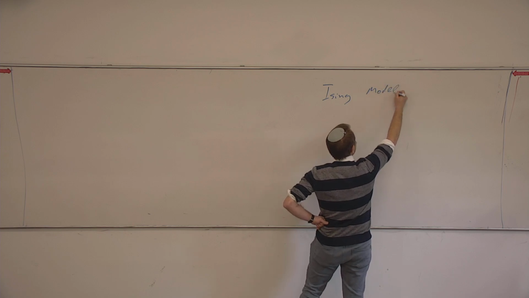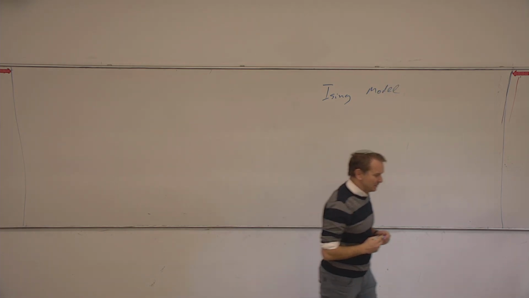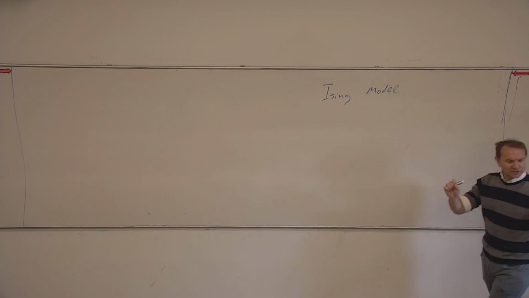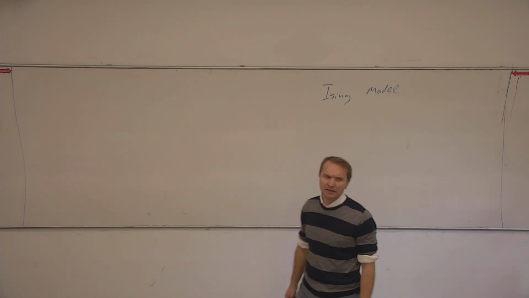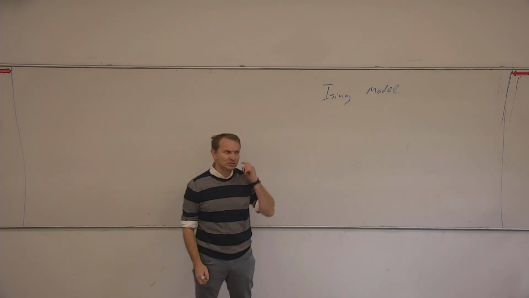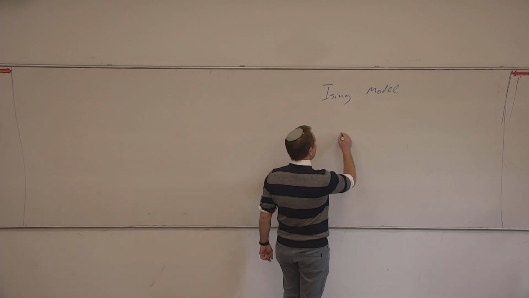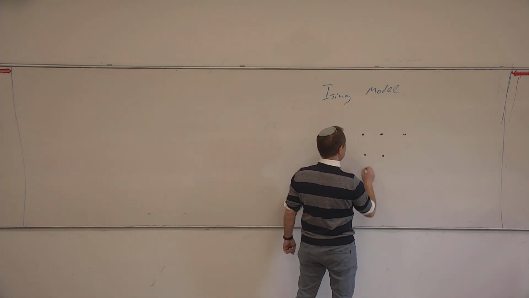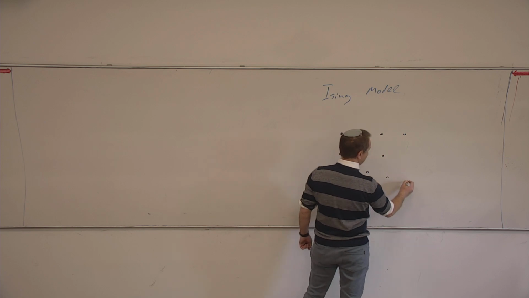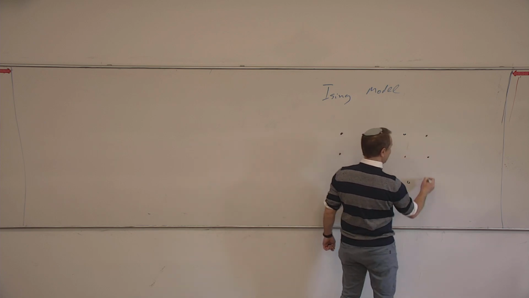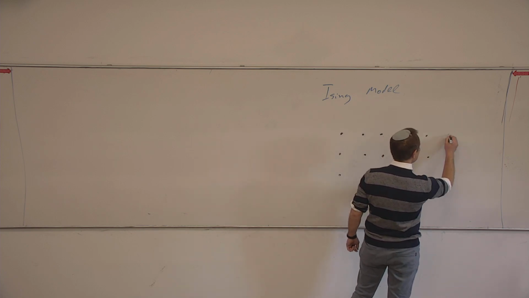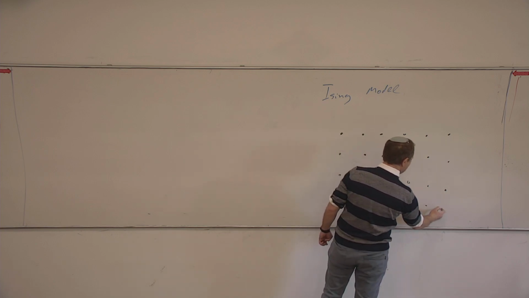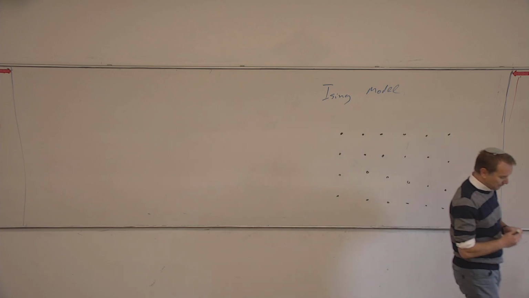Now, the idea of the Ising model is that we have spins. I described it to you in the last lecture for simplicity with the spins sitting on a one-dimensional lattice. But in general, I can have any kind of lattice, and the type of the lattice is completely arbitrary, meaning you define it.